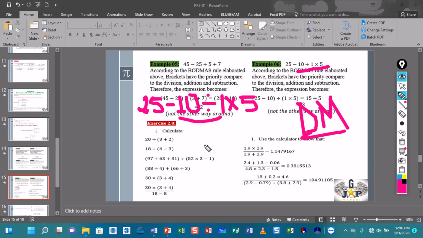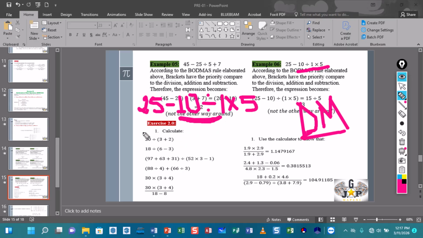According to BODMAS, I start by doing the division: 10 divided by 1, which is 10. Let's go step by step.